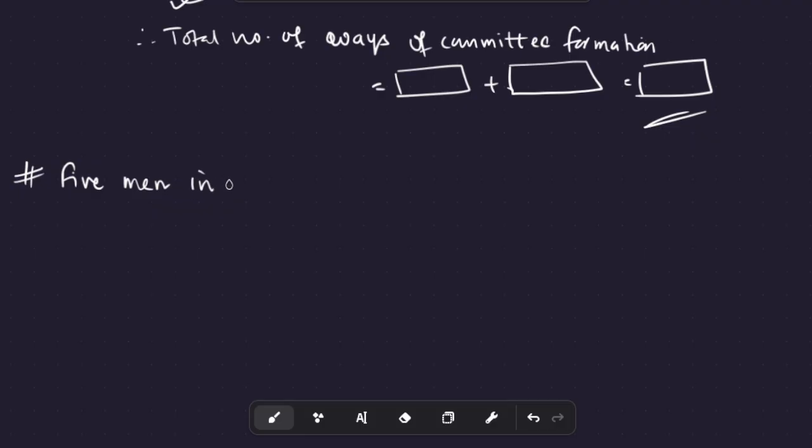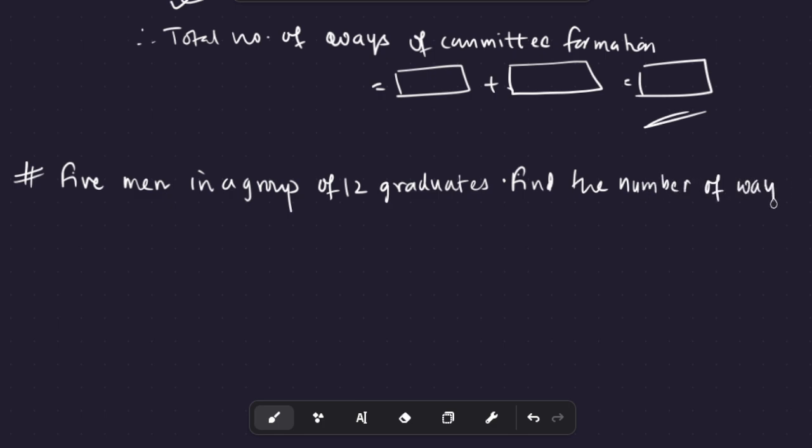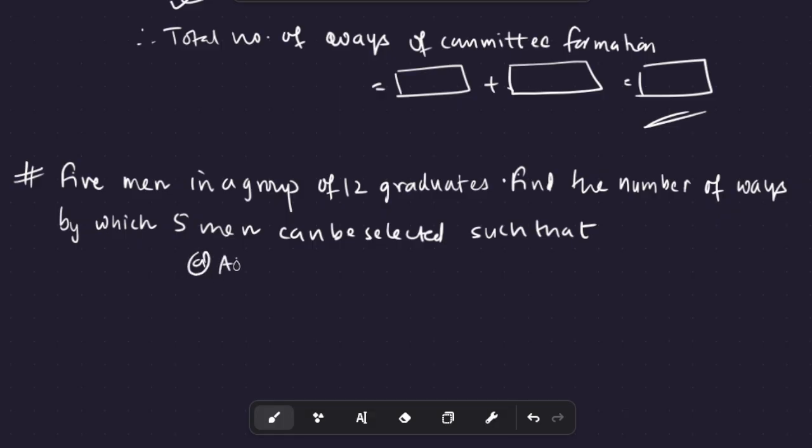Five men in a group of 12 graduates. Find the number of ways by which five men can be selected such that at least three of them are graduates.